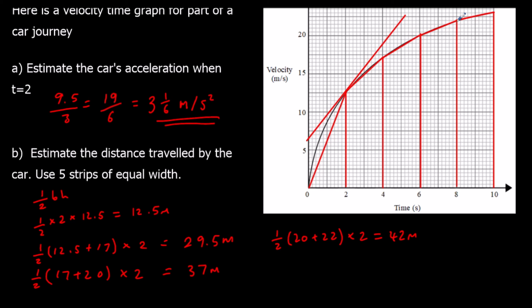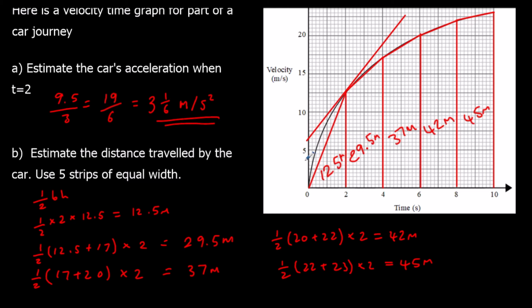And I've got 22 and 23, which is going to be 45 meters. So I've got all my 12.5 meters, 29.5 meters, 37 meters, 42 meters, and 45 meters.